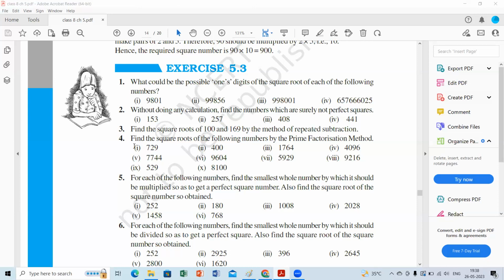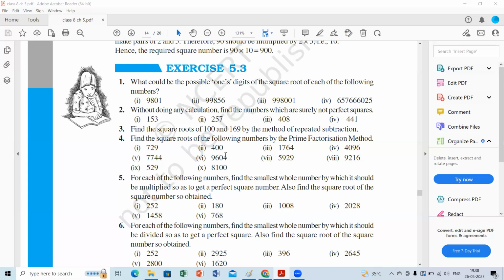Coming back to the long division method. Why is the repeated subtraction method not always suggested? For small numbers like 100 and 169, it takes very little. But if the number has more than 3 digits, 4 digits, 5 digits, repeated subtraction takes many pages to solve. It is time consuming and wastes paper, so that method is not suggested.